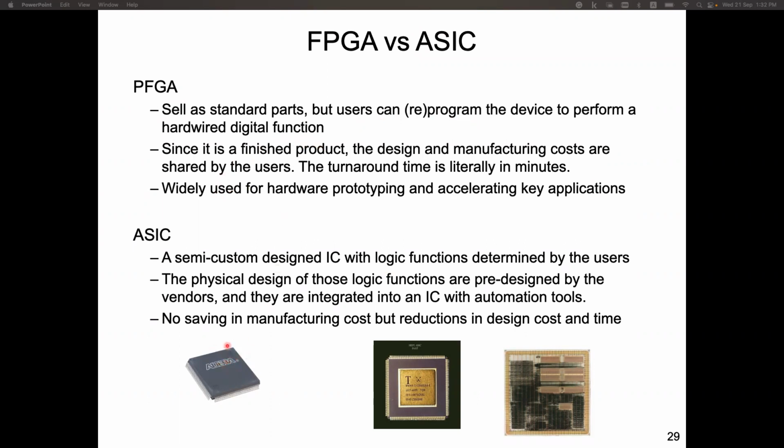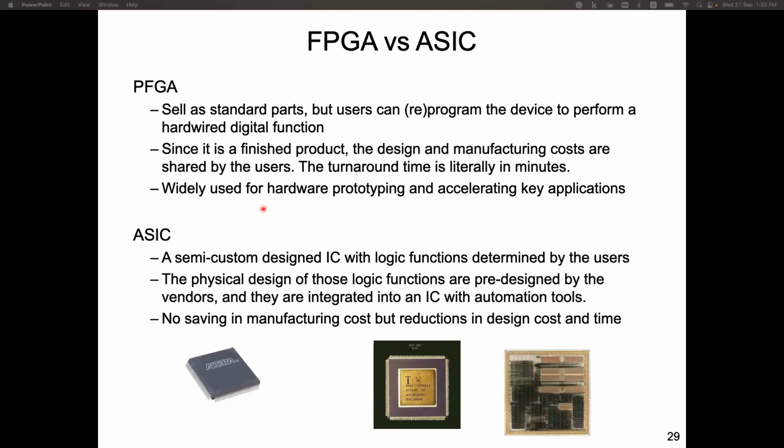And since FPGA is a finished product, the design and manufacturing costs are shared by all the users. So the design cost is low. So the turnaround time is in minutes. You can reprogram it just in minutes, as you will try in next week's tutorial.